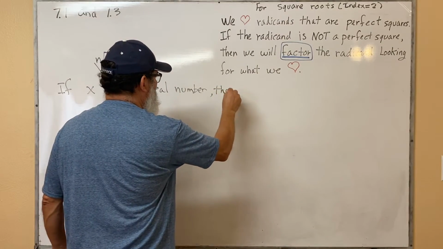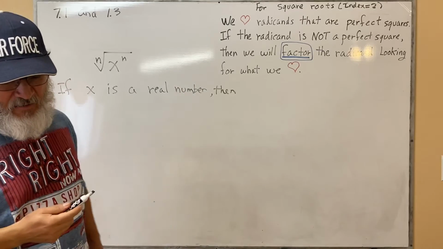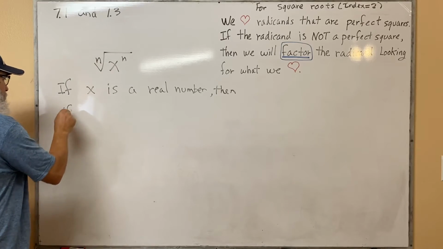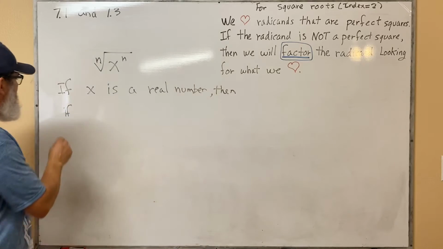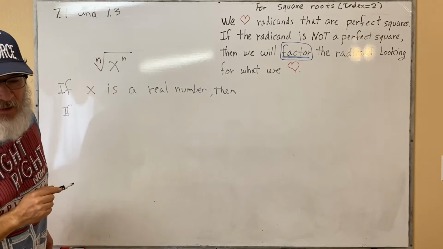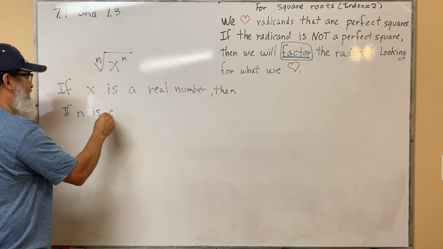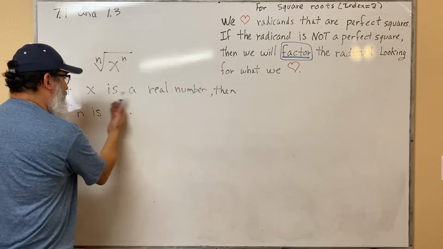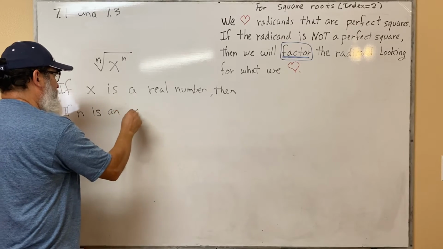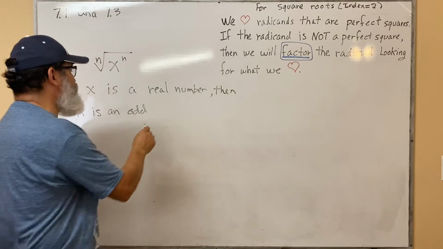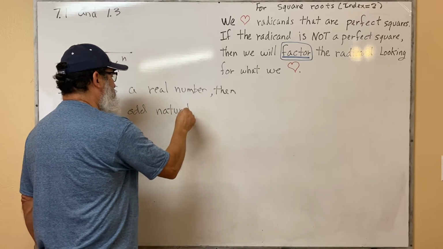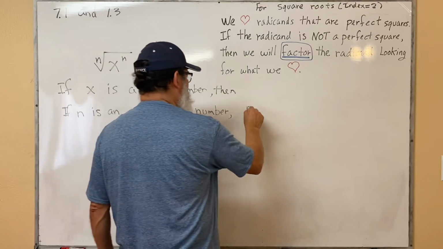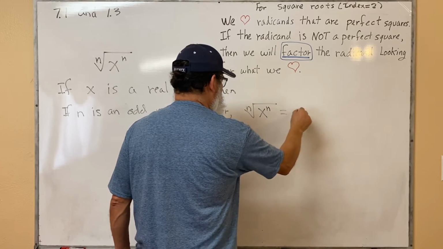then, look at this. If n is an odd natural number, then the nth root of x to the nth equals just x.